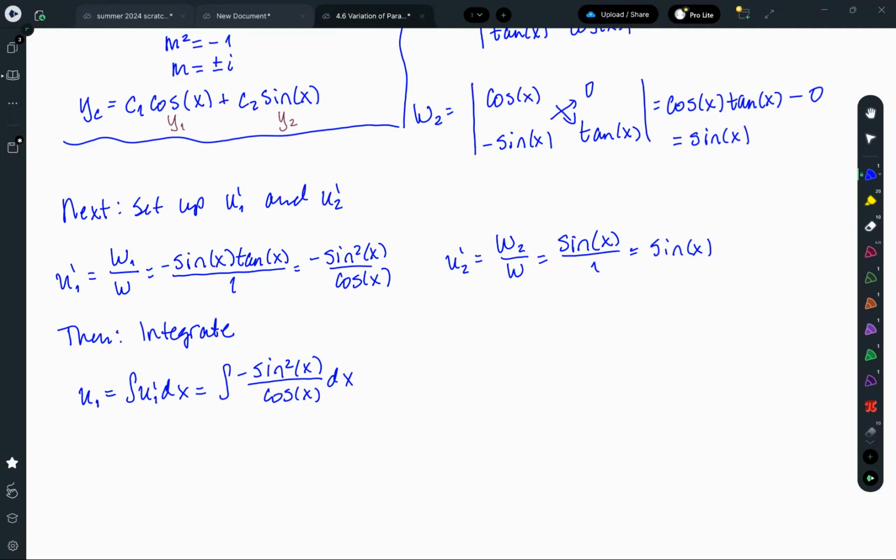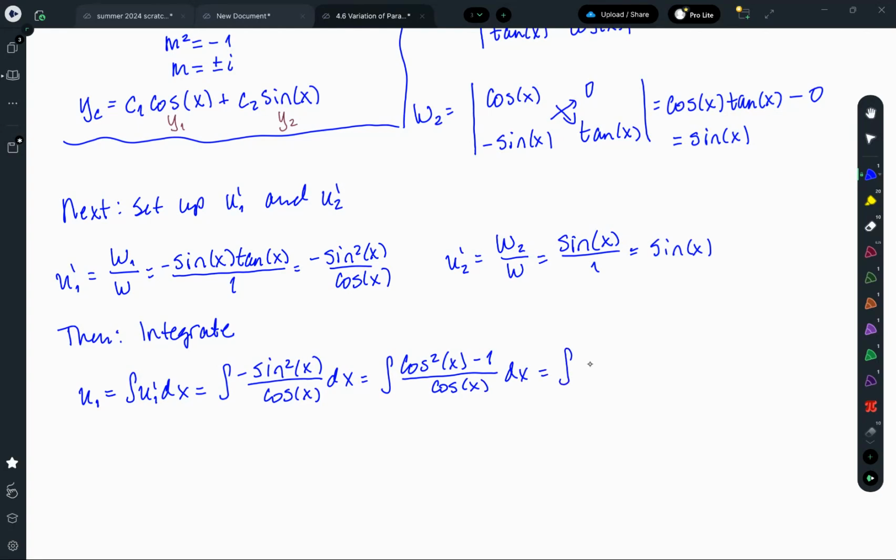But maybe I could use a Pythagorean identity on minus sine squared of x. I know that sine squared of x is 1 minus cosine squared of x. So a negative sine squared of x would be cosine squared of x minus 1 over cosine of x dx. And then I could split up the fractions and see how things simplify.